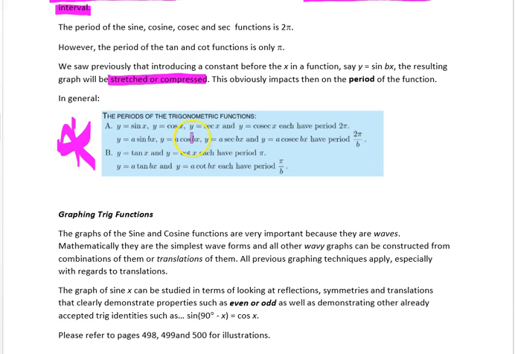And unless, of course, that's a fraction, because if you divide by a fraction, it's the same as multiplying by the fraction inverted, so it would extend the period. Tan is normally pi. Introducing a b in front of the x, it has this impact in that it's pi divided by b on the period.